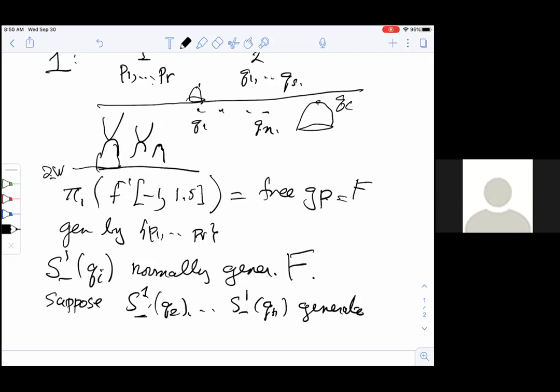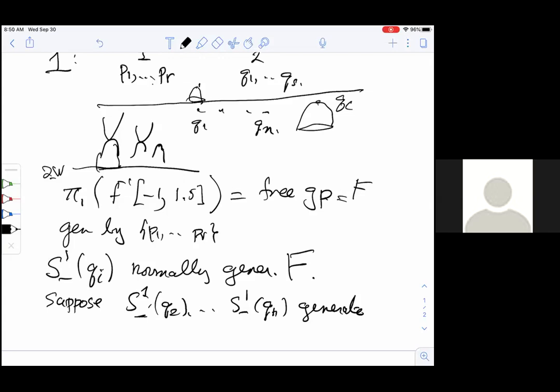So that's a simply connected manifold, and you could do the isotopy argument that I'm going to draw a picture of in just a second for this critical point. So you wouldn't have to add a new critical point as we did using a birth if you knew a proper subset of the Qi normally generated the free group.